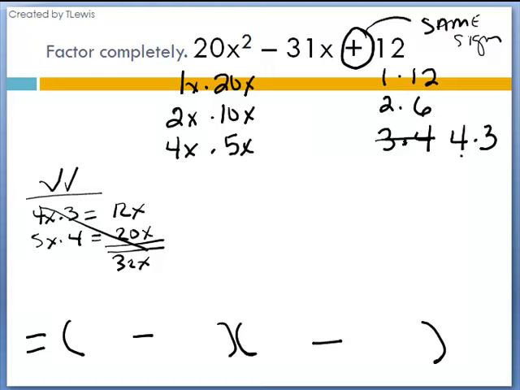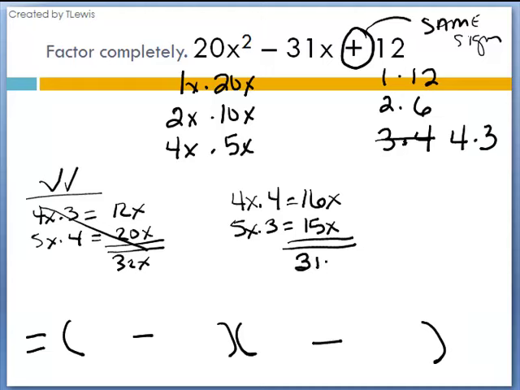First with the first, 4x times 4, we have 16x. Last with the last, we have 5x times 3. We have 15x. Add those together, 16x plus 15x, we have 31x. So that combination works.